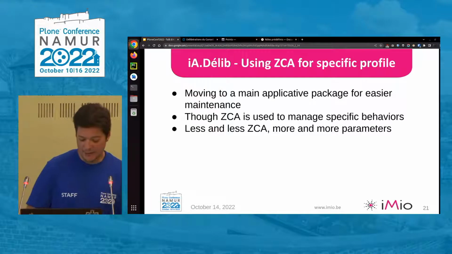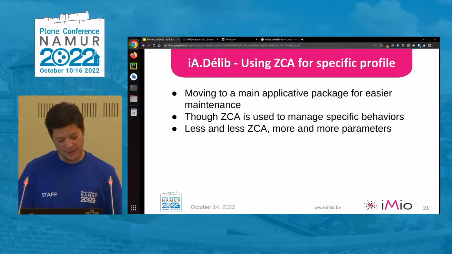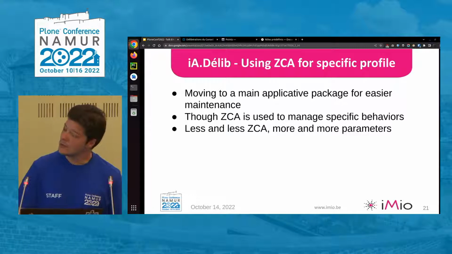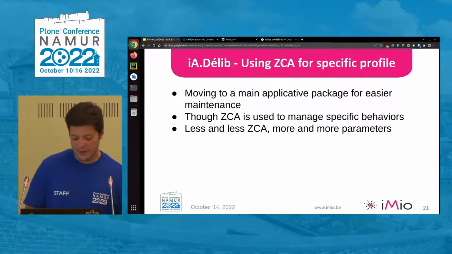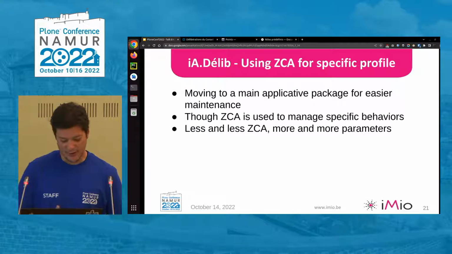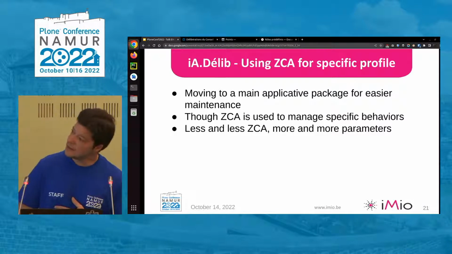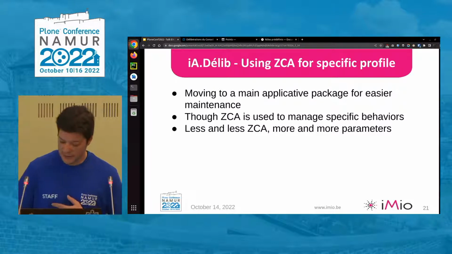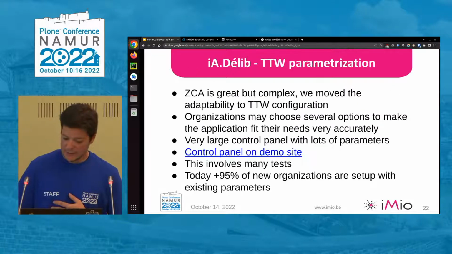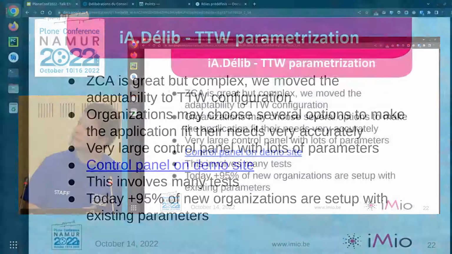Something else in Plone by default that is very interesting to build applications is the ZCA. We used it very much at the beginning, but as we said, with 250 organizations using it, it became very complicated with the legacy to manage all this. So what we do now is to propose through-the-web parameters.